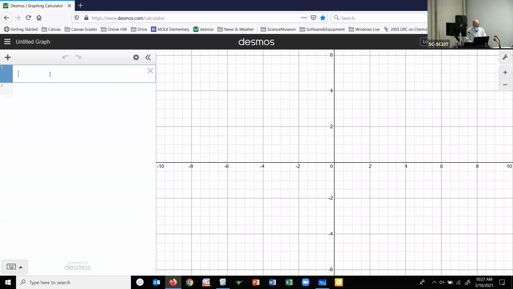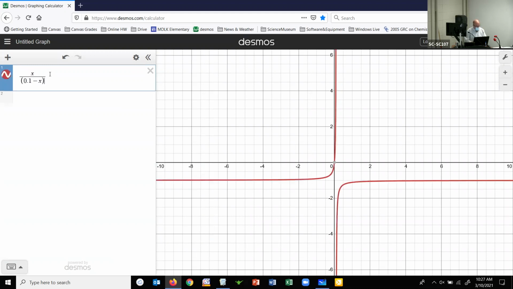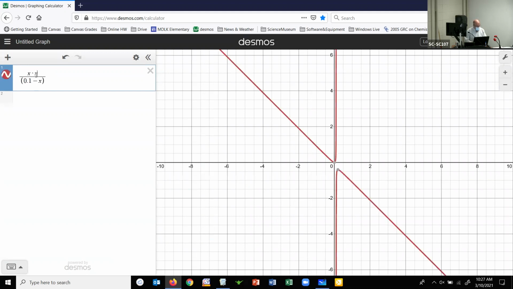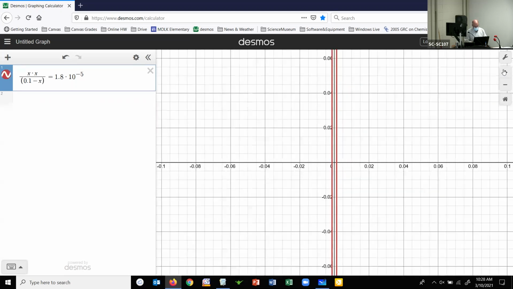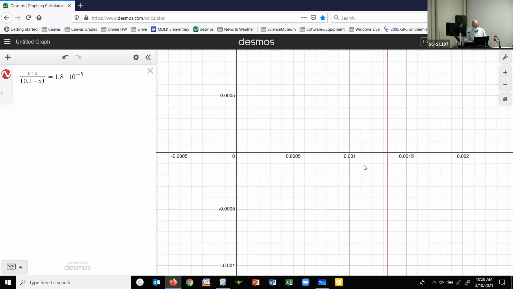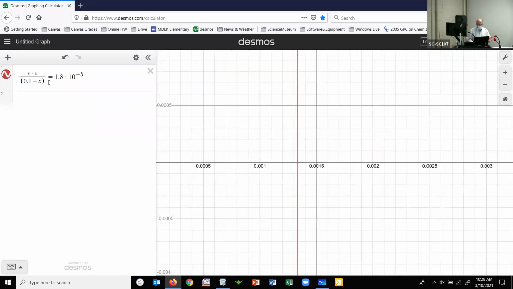We've got X times X. So what I'm doing is taking that equation into Desmos.